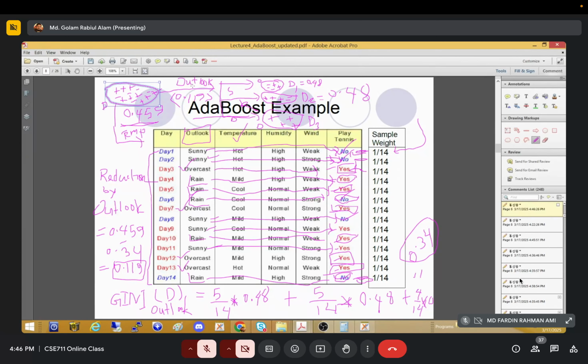Like the same thing as outlook, we will get 3 subsets, D1, D2, and D3 for the temperature also. And similarly, we have to find out the Gini impurity of D1, D2, and D3. And then again, we have to find out the Gini induced by the temperature using the same kind of formula, and then the reduction. So similarly we have to do that.